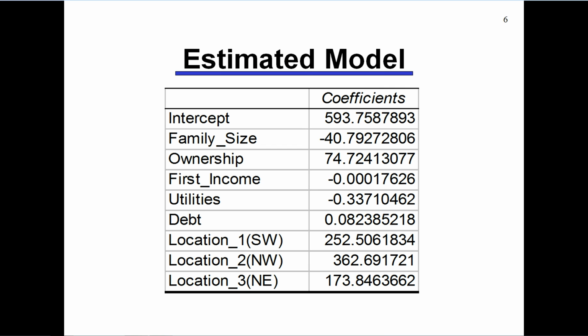And so we couched our interpretation of these estimated regression coefficients in terms of location 4, which is the southeast location, as being the baseline. You might want to review that discussion from the previous lesson that I provided to you.